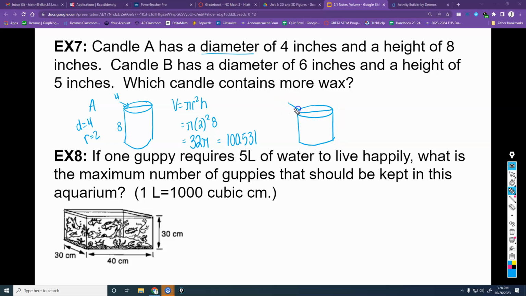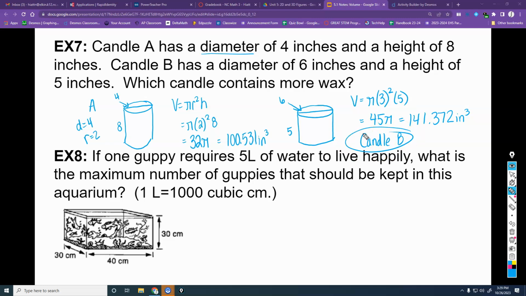So we would need to do, in cubic inches, pi times radius, which is going to be 3 squared, times the height of 5, and that is going to give us 45 pi if we leave the pi there, or if we do 45 times pi, we will get 141.372 cubic inches. So candle B has more wax.